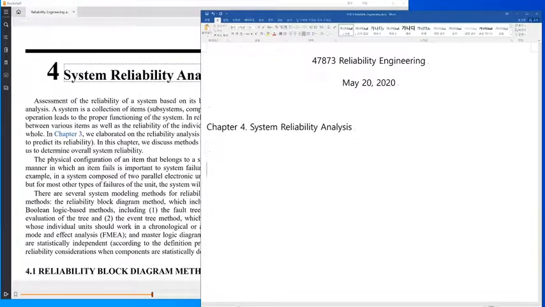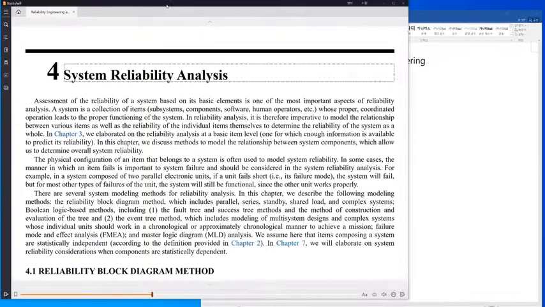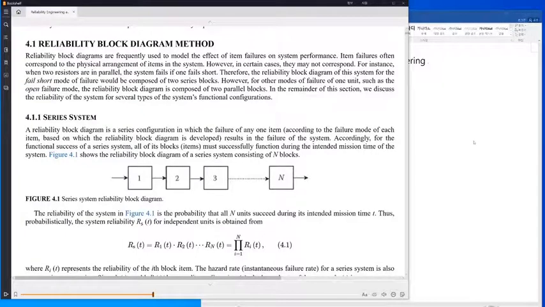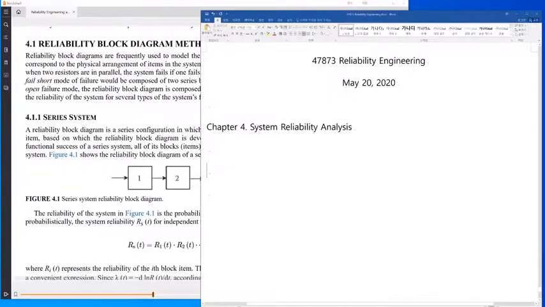At this point, we are going to assume that we know the reliability function R(t) of all the components in the system. And then we are going to try to calculate the reliability of the system. Section 4.1 is about the reliability block diagram method.